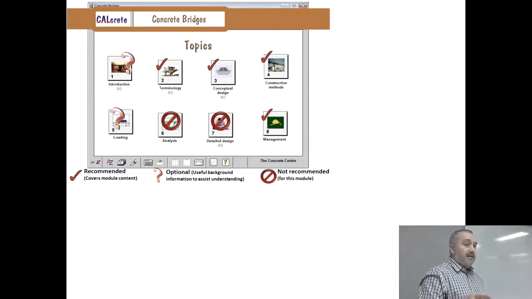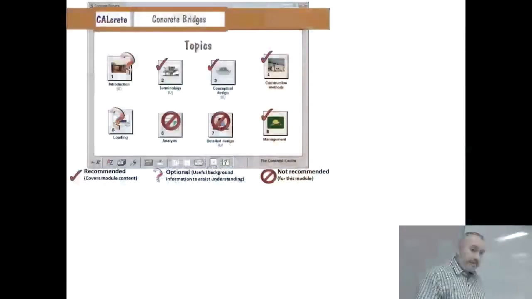You'll find that some of the later modules within Calcrete include a concrete bridge module, which introduces you to the terminology and the conceptual design. For your structural design, when you come to look at concrete, you'll realise it also has some concrete design, so it'll be of use.